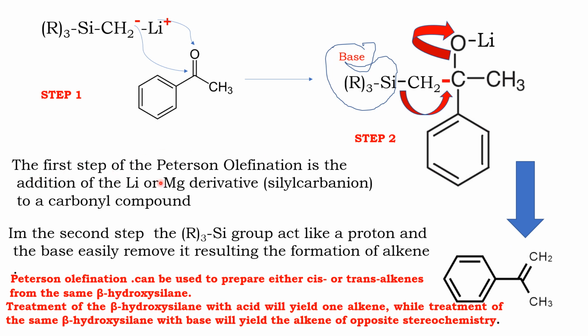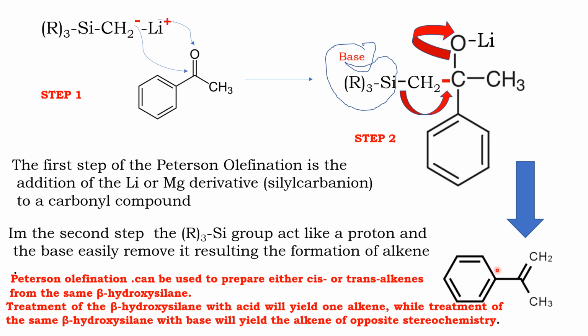So the first step is the addition reaction of the silyl carbanion to the carbonyl compound. The second step is the abstraction of R3Si, which behaves like a proton, by the base, followed by shift of bonds, resulting in the formation of the alkene.